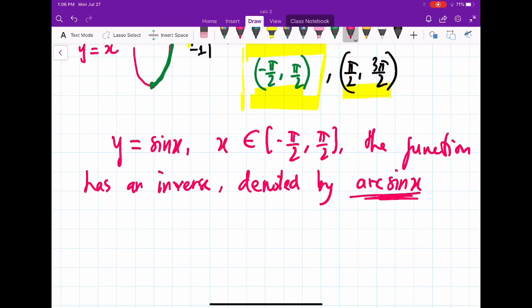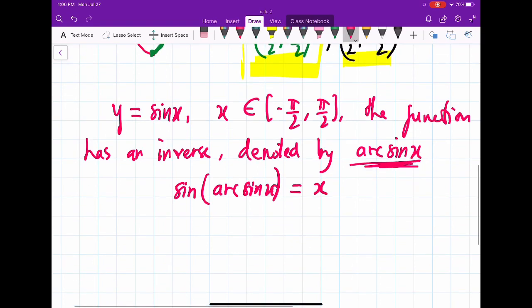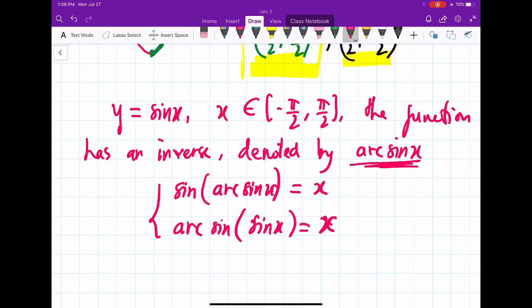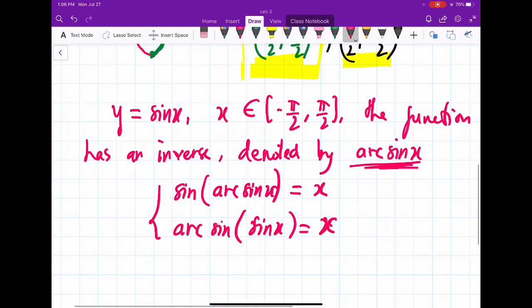Okay, so basically what is that? If you apply psi of arc psi of x, you get exactly x. Or when you apply arc psi of psi of x, you get x too. These are two identities in the definition of the inverse functions. Alright?